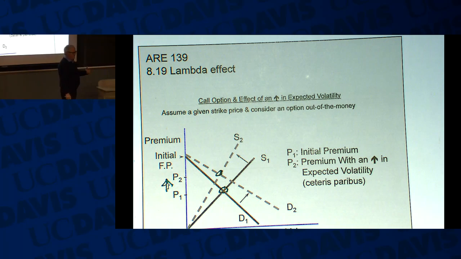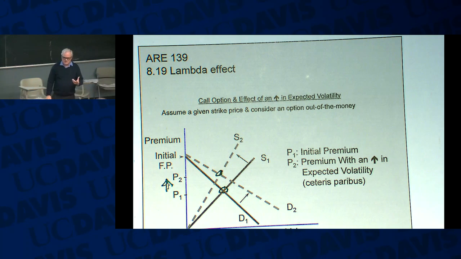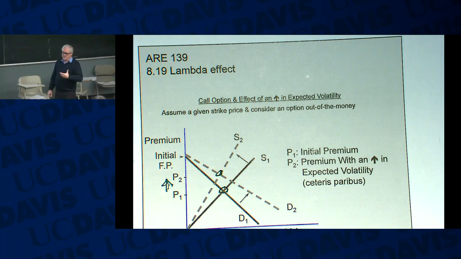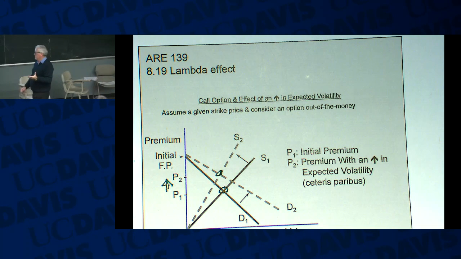But if, again, you go back to the example I just mentioned, you have a call option that's out of the money in crude oil, and all of a sudden the volatility goes up. There's some political tension in Venezuela, for example. If you're buying such an option, then you think, well, given the volatility, the market could move higher, so I'm going to buy one of these options because maybe the price of oil is going to rise, because there's a greater probability of a rise if the volatility has increased.